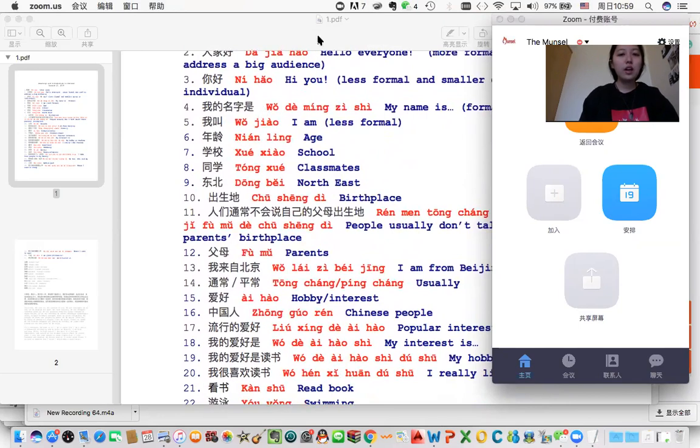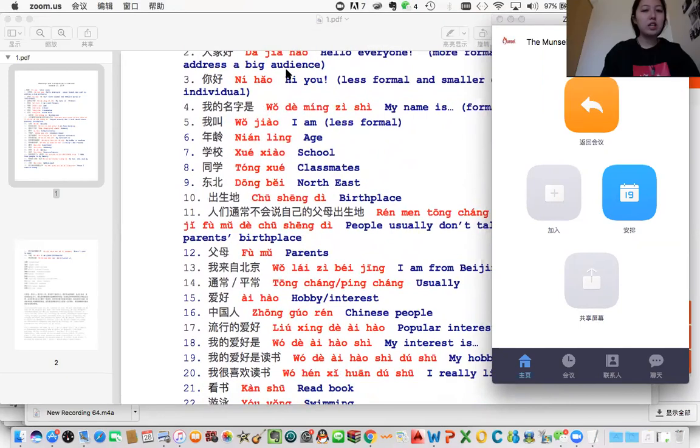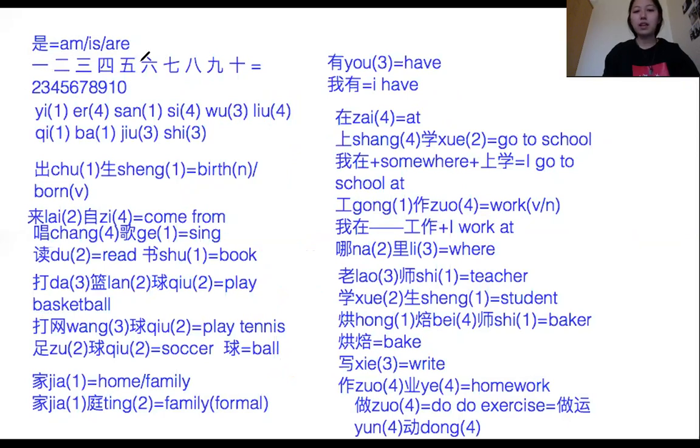So talking about age, I think we can just go through the numbers pretty quickly. So this is 1, 2, 3, 4, 5, 6, 7, 8, 9, 10 in Chinese.